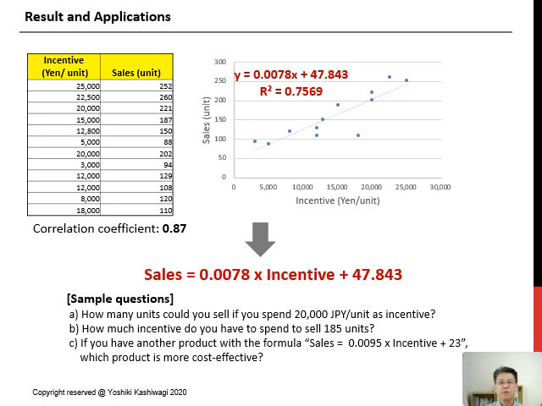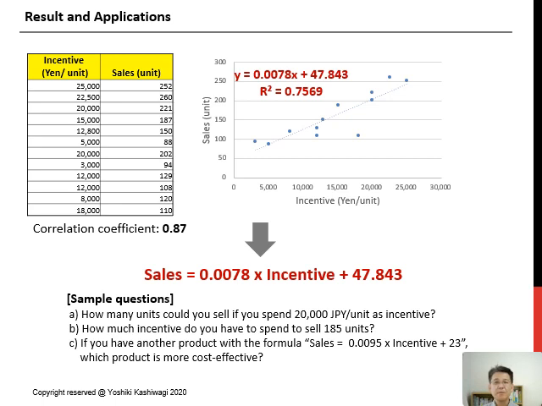So you can replace this formula as sales equals 0.0078 times incentive amount plus 47.843.